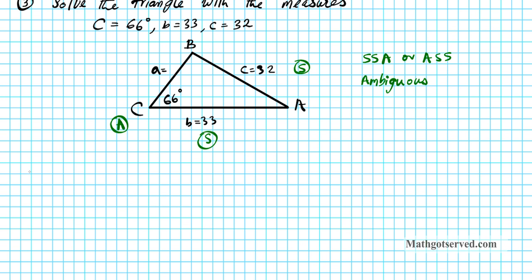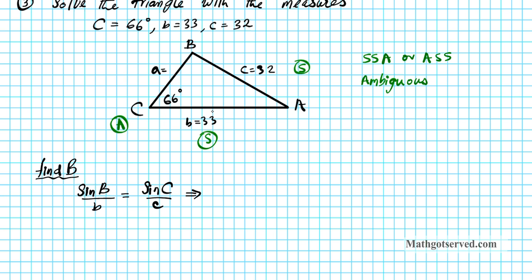So to find big B, we're going to use the law of sines. And we're going to go sine big B over little b, since that's what we're looking for, equals the complete pair, sine big C over little c. Okay?